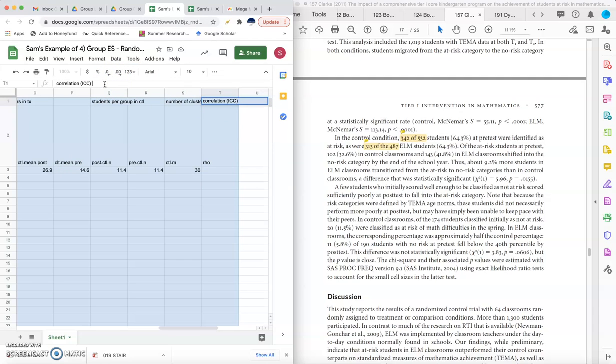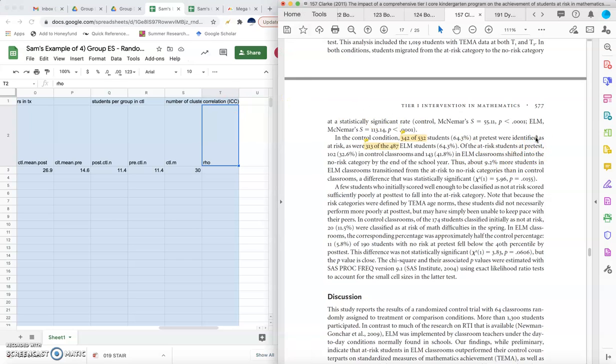I don't think I've ever seen this in a math article. Sometimes they come up in reading articles, but I really don't think I've ever seen an ICC in math interventions. And the ICC, what that stands for, it is the intra-cluster correlation coefficient. So it's looking at the impact of having those clustered groups.